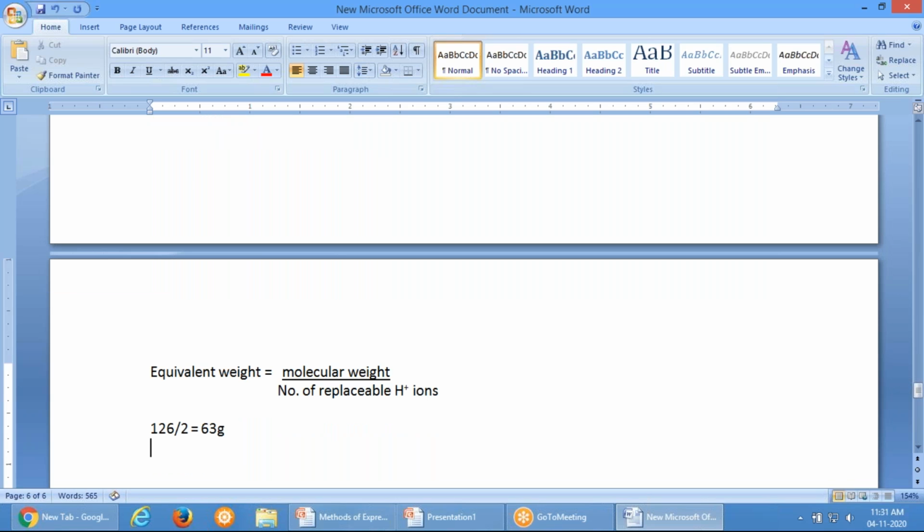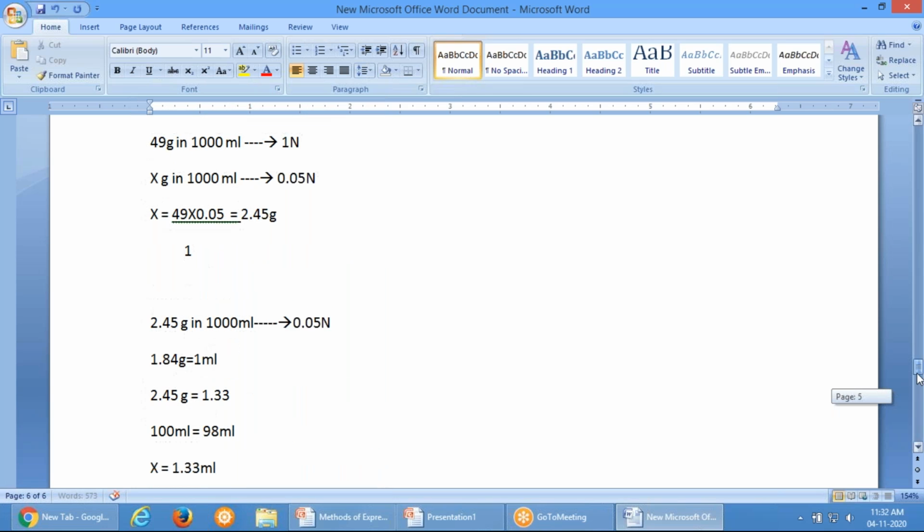So 63 grams of oxalic acid in 1000 ml is 1 normal.